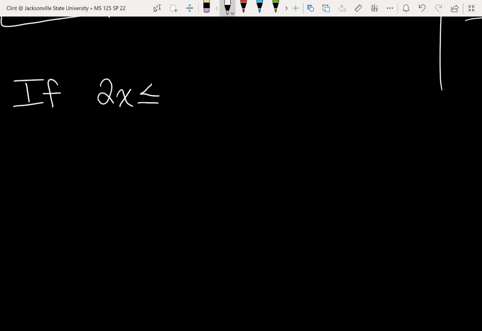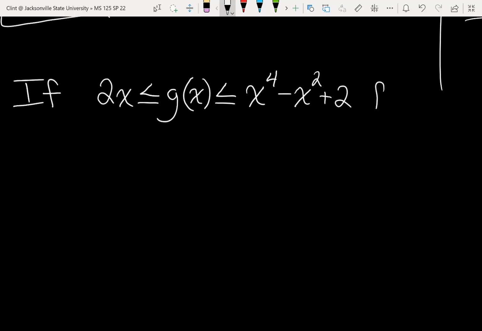This one can look weird if you don't remember all the different theorems that we had. It's actually an easy problem. We've got this situation that 2x is less than or equal to g of x, which is less than or equal to x to the fourth minus 2x squared plus 2.